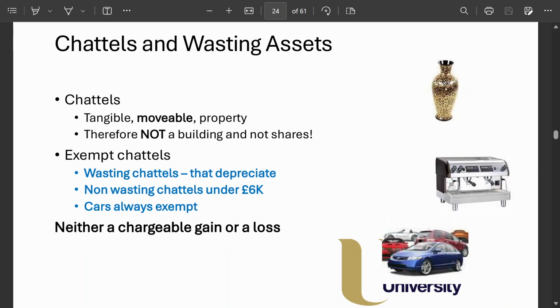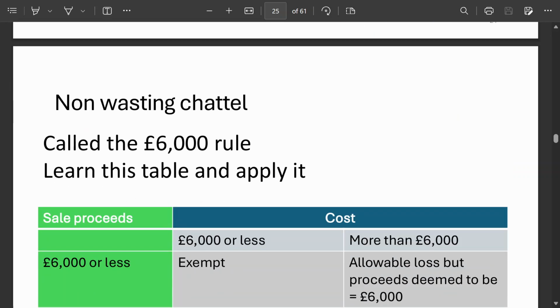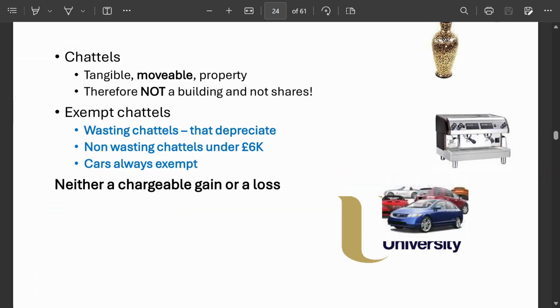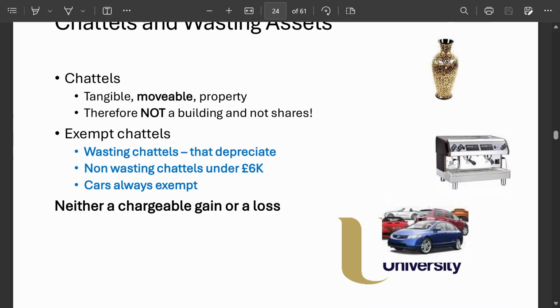So for chattels, there are certain exempt chattels, and then there are some other kind of rules here. For wasting chattels, we have things which depreciate, like less than 50 years of life, and then they depreciate.